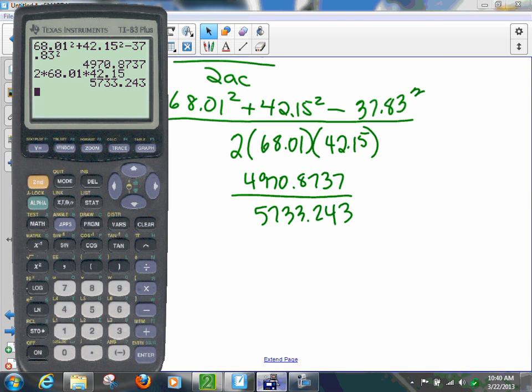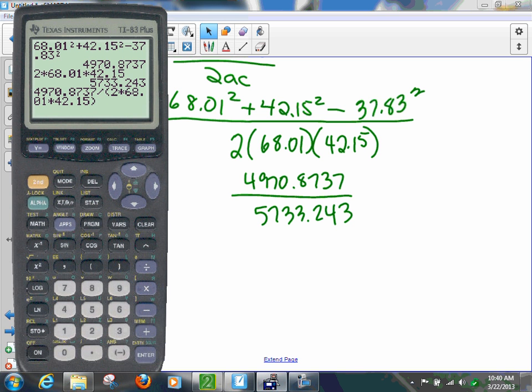Okay? Now, 4970.8737. I would have gone on and hit divided by, and then I would have used parentheses and put 2 times 68.01 times 42.15 and close the parentheses.